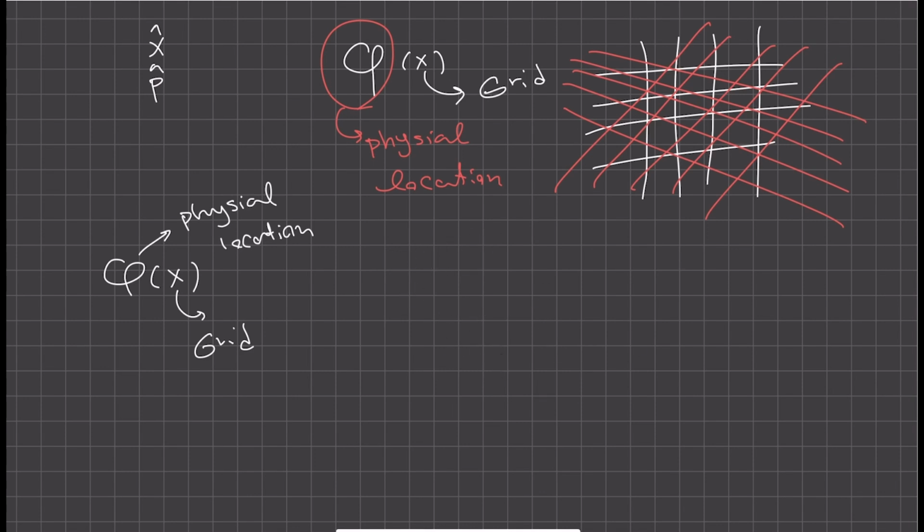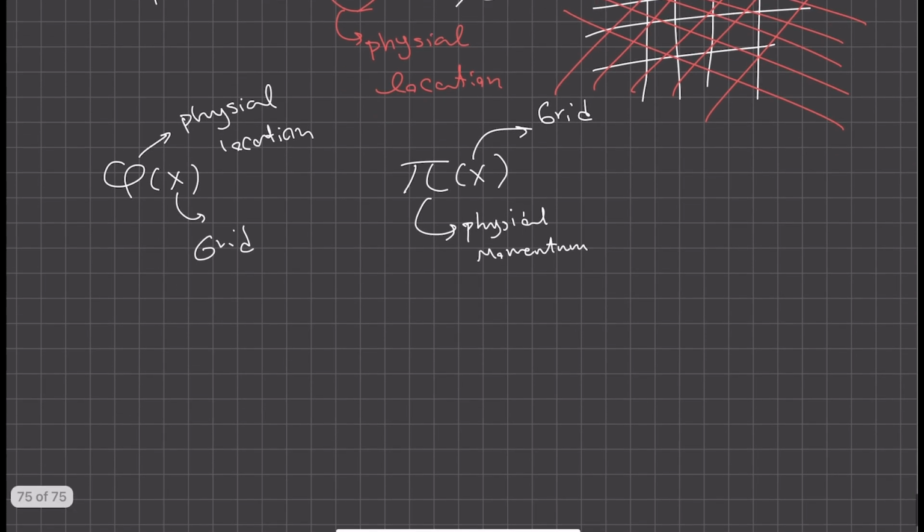So when we are talking about pi of x, the pi is the physical momentum, or the observable momentum. Again, x is the grid, and now I can define everything based on the momentum space. So I'm talking about some phi tilde in p space, or in the grid of momentum coordinates, and then pi tilde of p. So we need to really distinguish what's the difference.